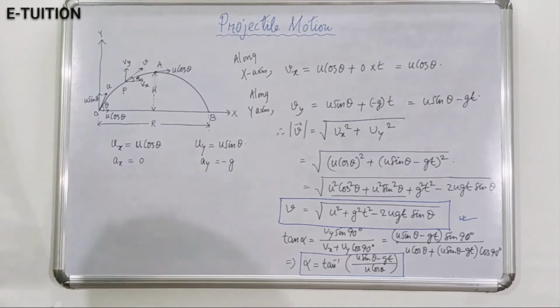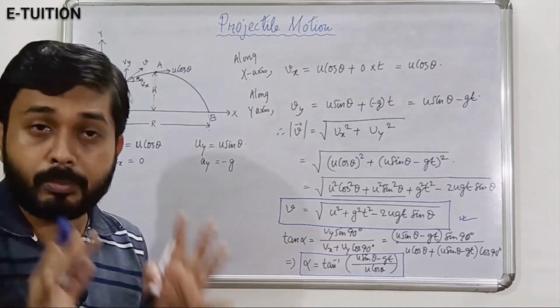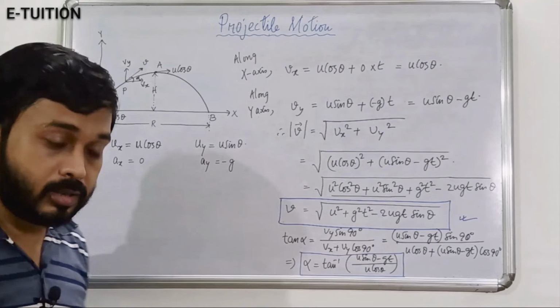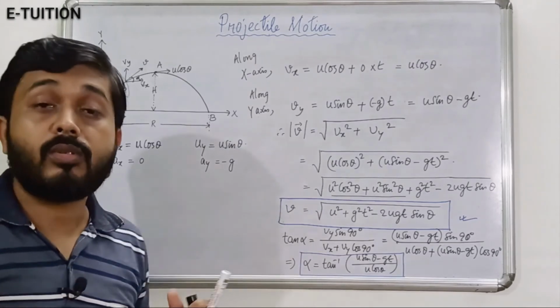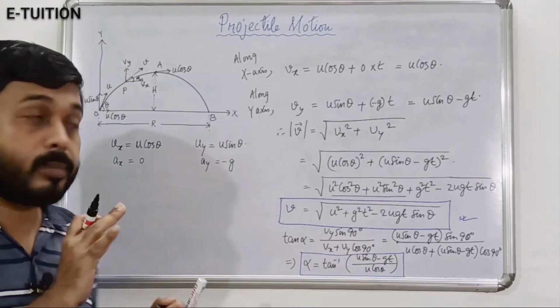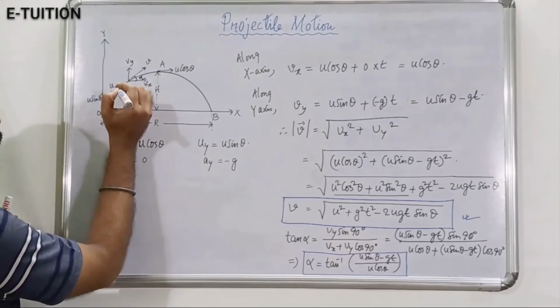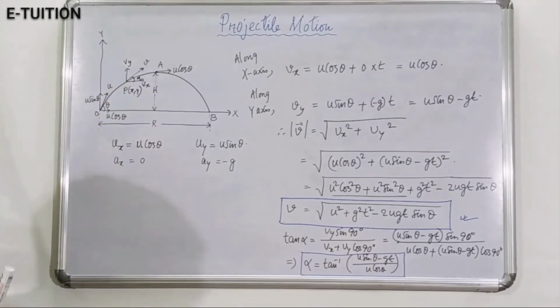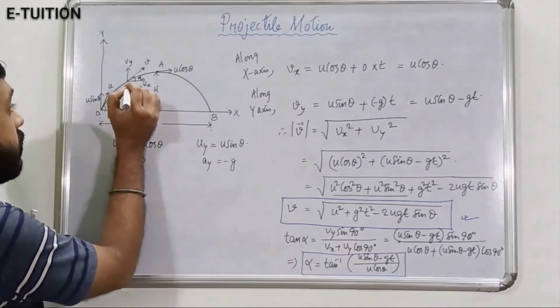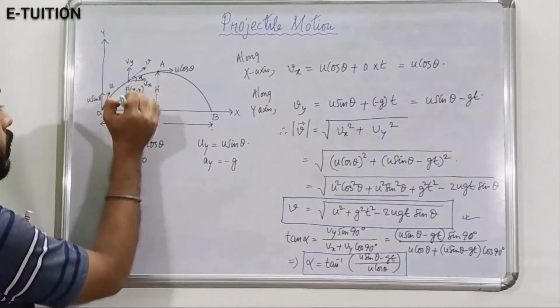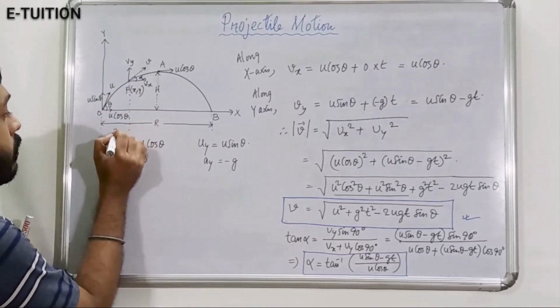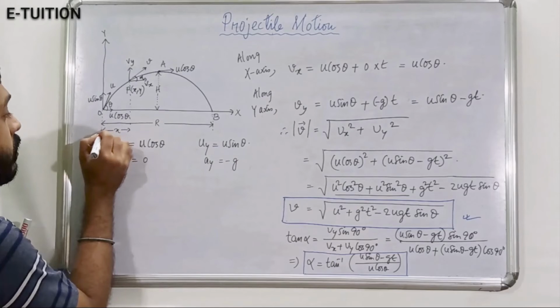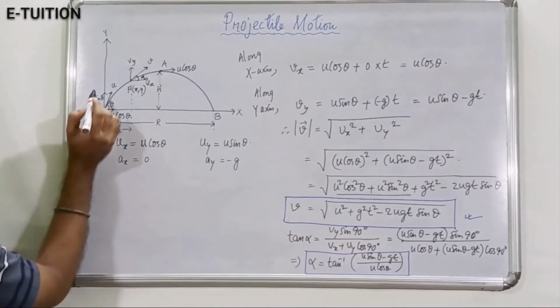Now I am coming to the equation of the path of the projectile, or trajectory. Now if we assume that the coordinate of the point P is x, y, then how much is x? This much is x. And how much is y?